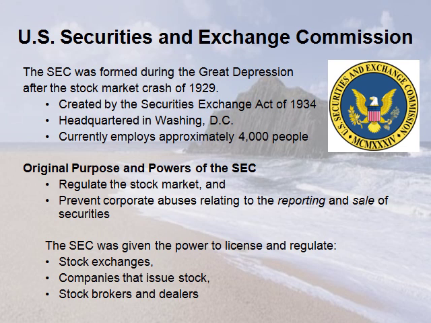The original purpose and powers of the SEC included the regulation of stock markets and the prevention of corporate abuses related to reporting and sales of securities. And the SEC was given the power to license and regulate the stock exchanges within the U.S., companies that issue stock, and stockbrokers and dealers.